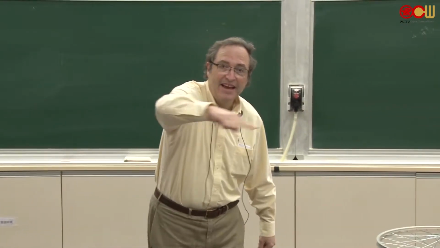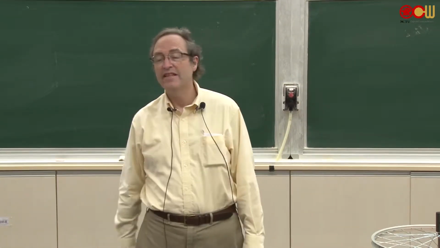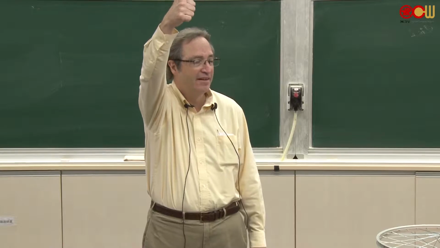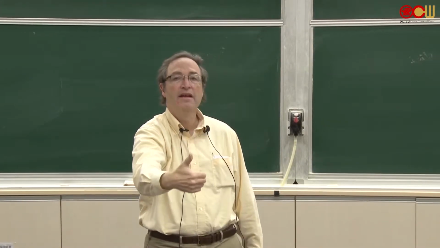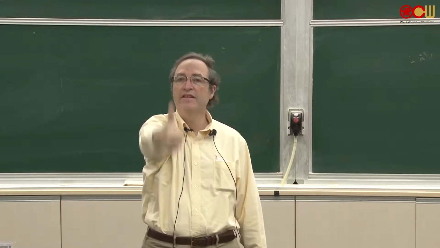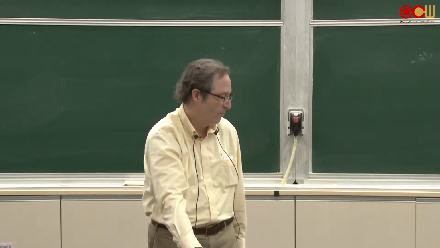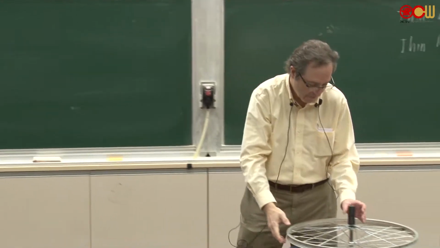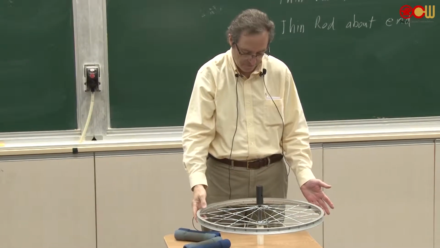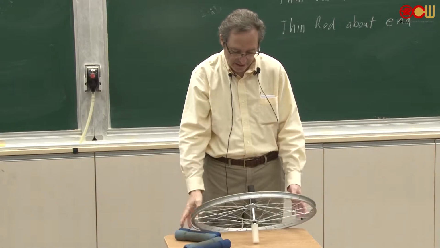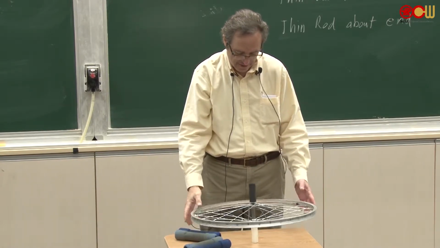So I was turning like this, right? Which way is the angular momentum? Up, right? You let your hand go the way I'm turning, and the thumb points in the direction of the angular momentum. So here's a nifty thing. I have a bicycle wheel here, and it's kind of floppy.